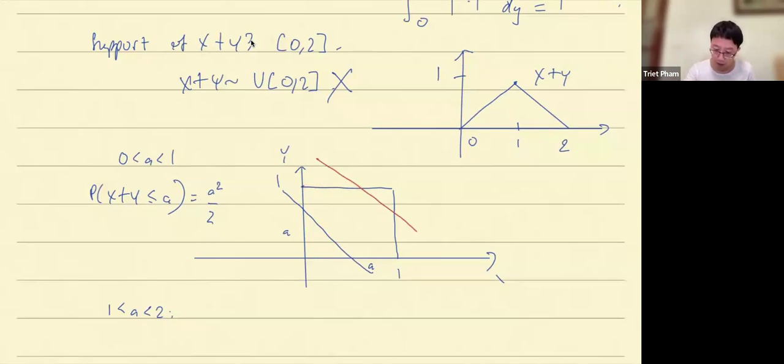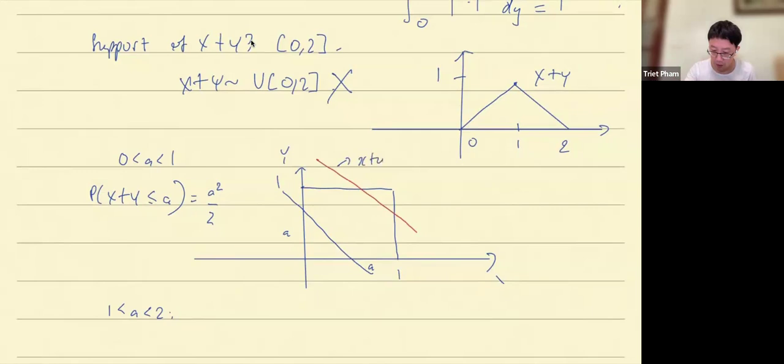Well, this is still the line x plus y equals a. But where this is when y equals 1, x is equal to a minus 1. So this part right here is a minus 1. Again, keep in mind that a is between 1 and 2 now.